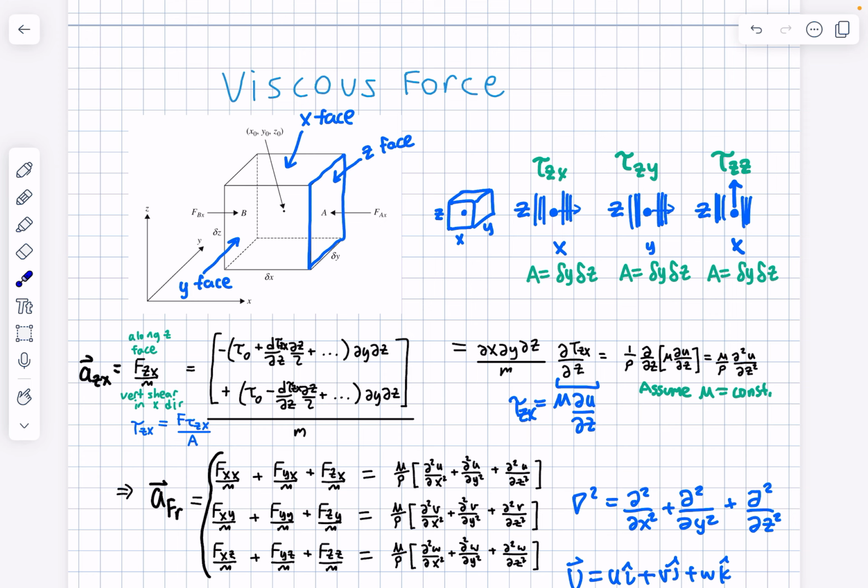And then for z along z, it will be moving up and there'd be some z friction right along with it as well. And each of these, because they're all along the z face, they all have the same area, which is again delta y delta z for all those cases.